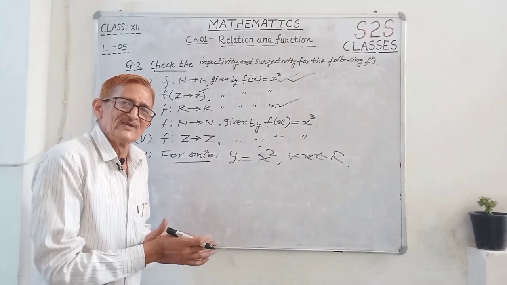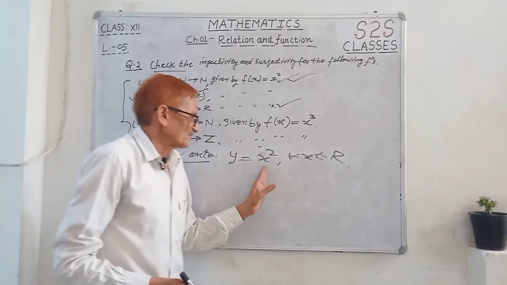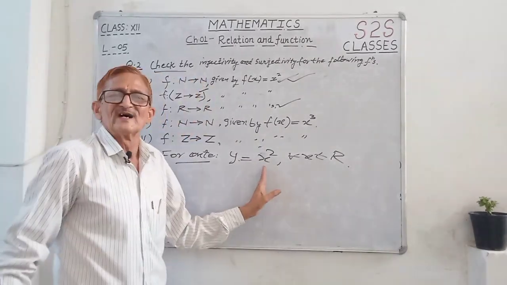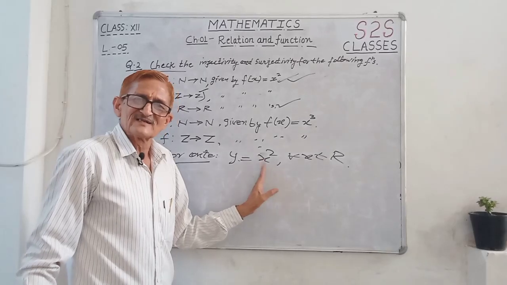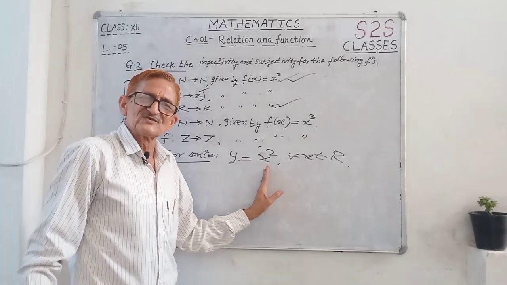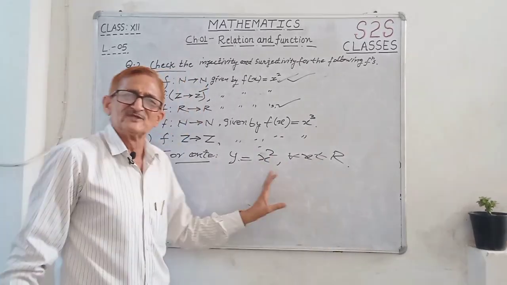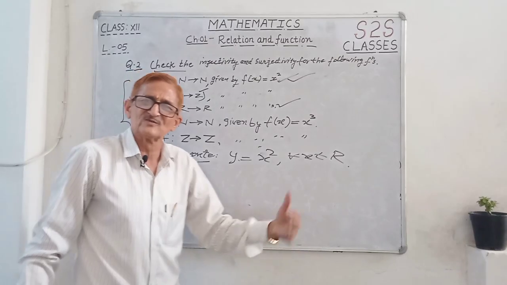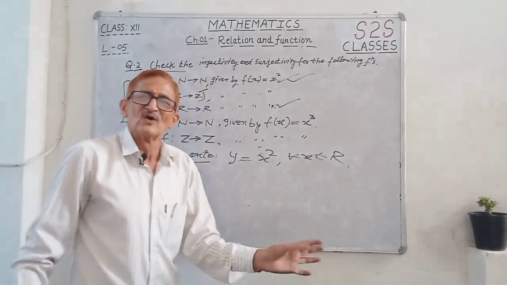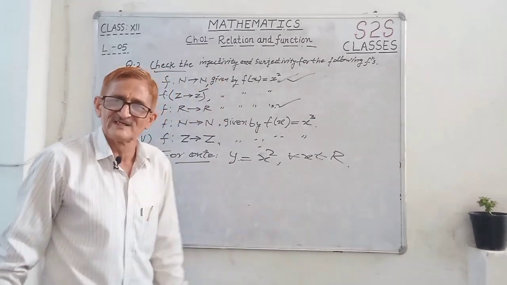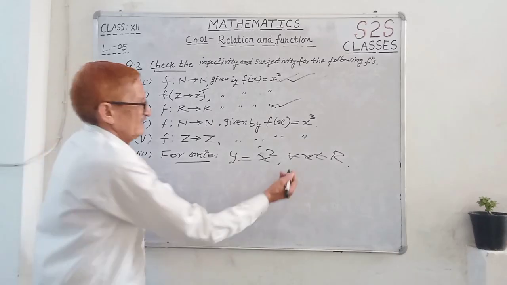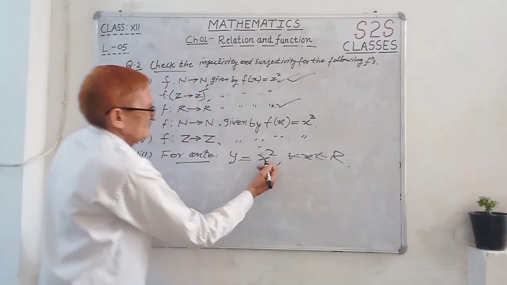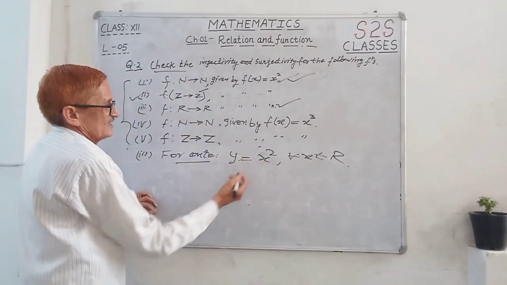Understand? Y is never negative. The square of a negative real number is also a positive real number, and the square of a positive real number is also positive. So all positive real numbers will come. And if the real number is 0, then x is 0, so y is equal to 0.